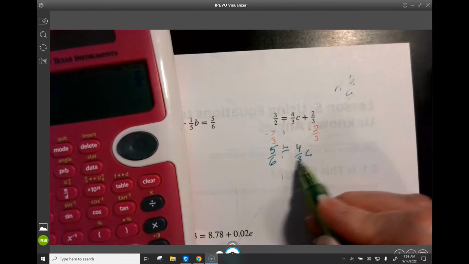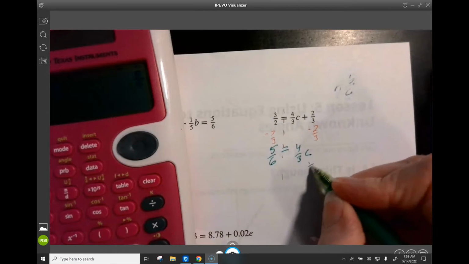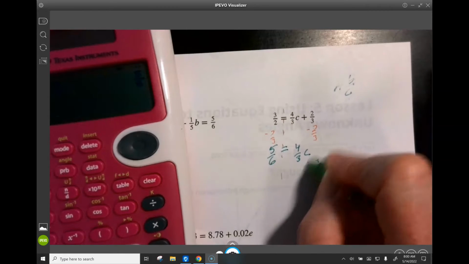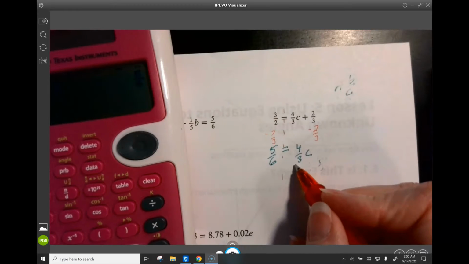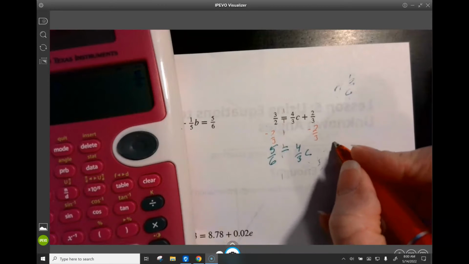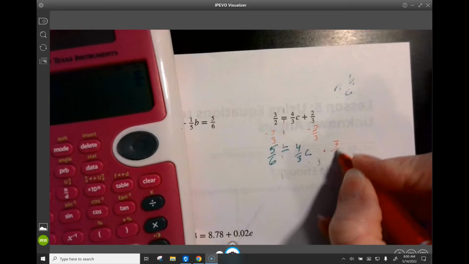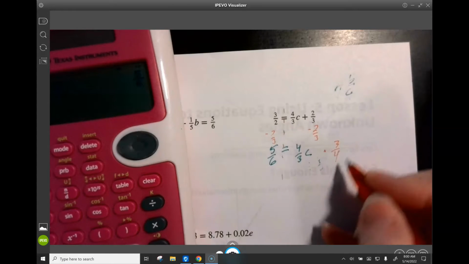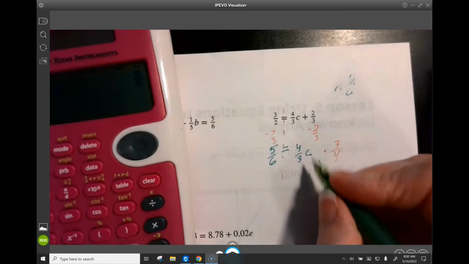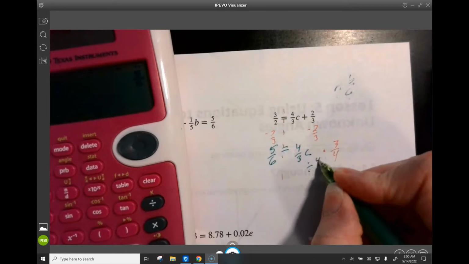Okay, how is this connected? Multiplication, so you're going to divide by 4/3. You can do that, and I'm going to show you that on the calculator. But the other way you can do it is multiply by the reciprocal. So you can multiply by 3/4. Either way, most of you are going to use a calculator. So I can multiply both sides by 3/4, or I can divide by 4/3.